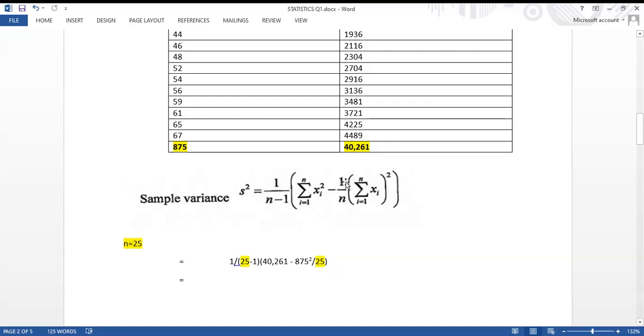This last part of the formula here, if we wanted, we would have put 1 over 25 times 875 squared. We would have put it like that, but here we've just put this summation of x squared in the numerator.